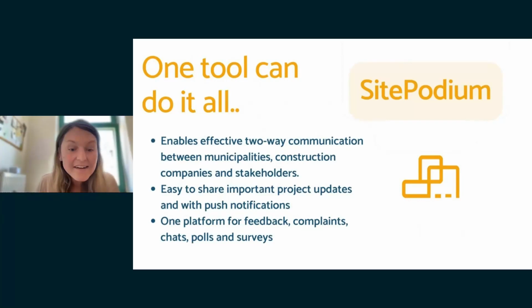You can also do chats, polls, surveys. There's even AI coming that will be inbuilt. So there's a lot of opportunities to visually represent your project. So, a picture talks 1,000 words. Sometimes people get overwhelmed with reading. So you have video functions.